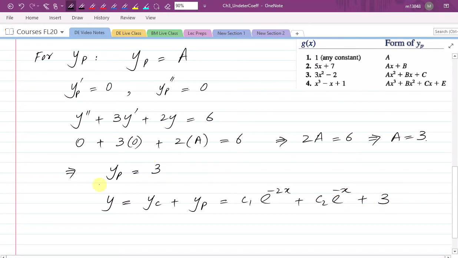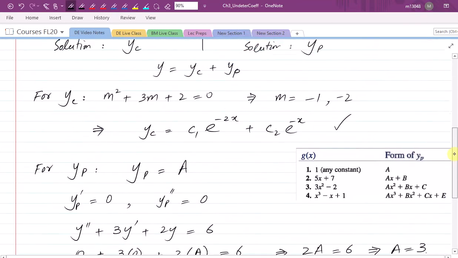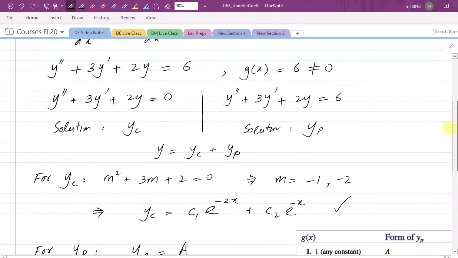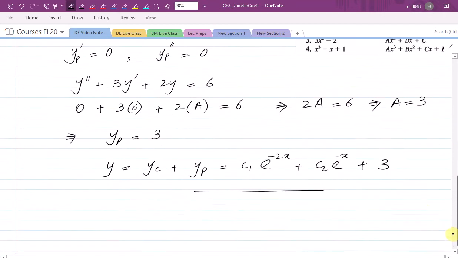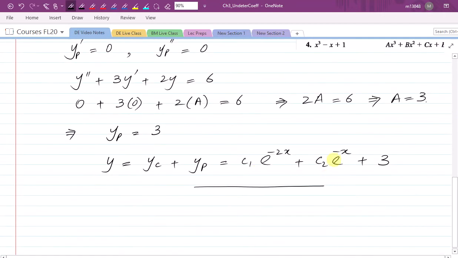No constant will be attached with yp because this is a particular solution already. But do note that it's a second order equation. It has two unknown constants because we are not given any initial conditions or boundary conditions. So we cannot find these constants for now. They will remain unknown constants for this question.